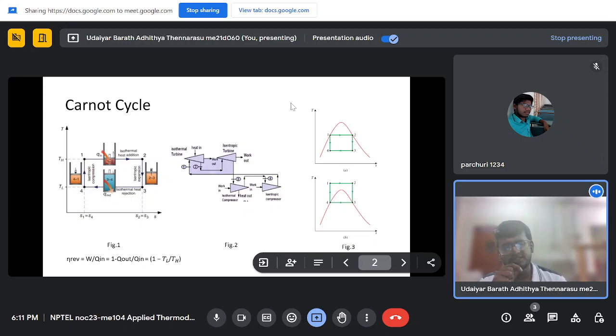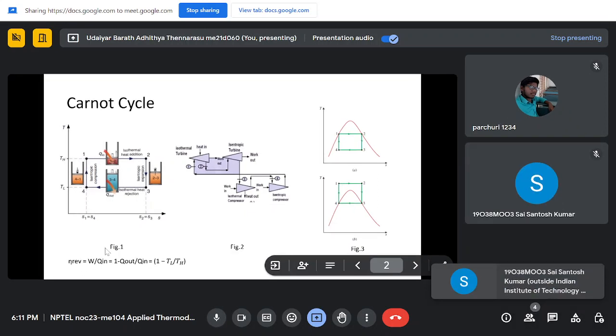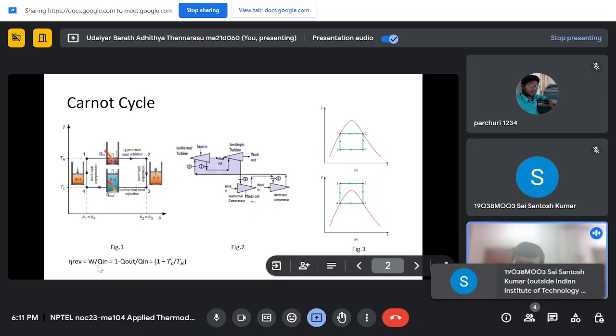In a cycle, the net work equals the net heat transfer. So efficiency is W net over Q in, which is Q in minus Q out by Q in, which is 1 minus Q out by Q in.